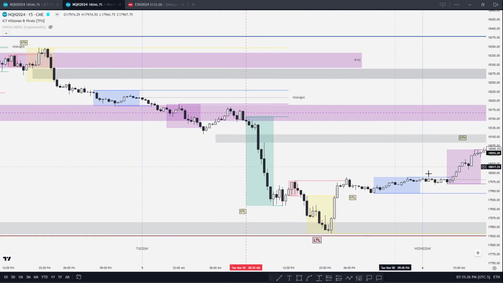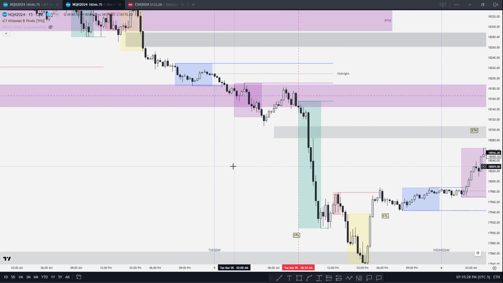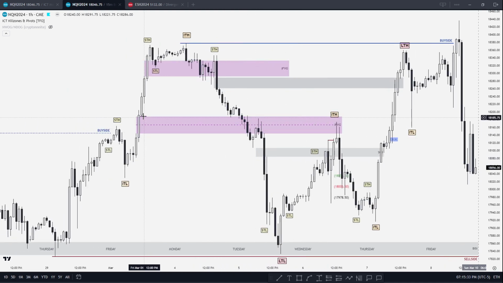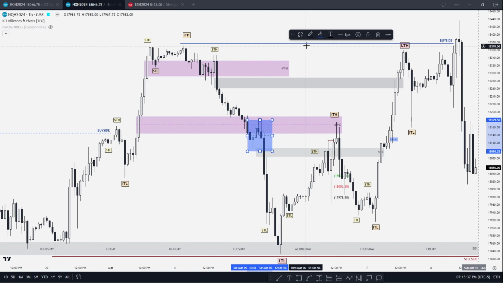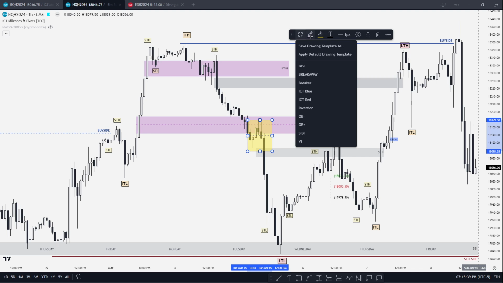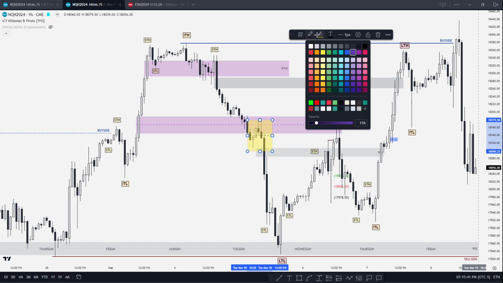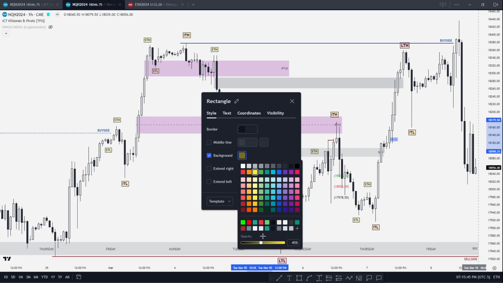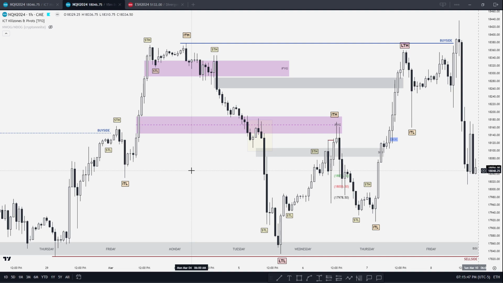And then some days you'll have a reaction off this, like where we have a higher time frame gap that we're trading into. In this case, we have an inversion. You see this fractal in here, right? If I was to drop down to a 5 minute, we drop down to that section.